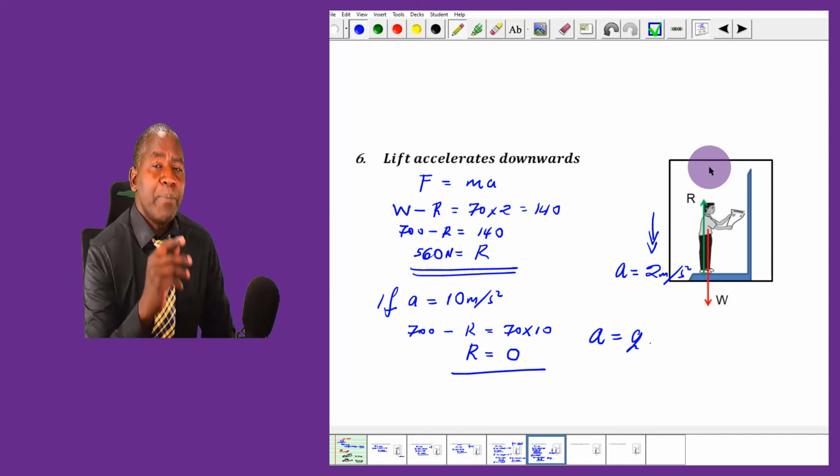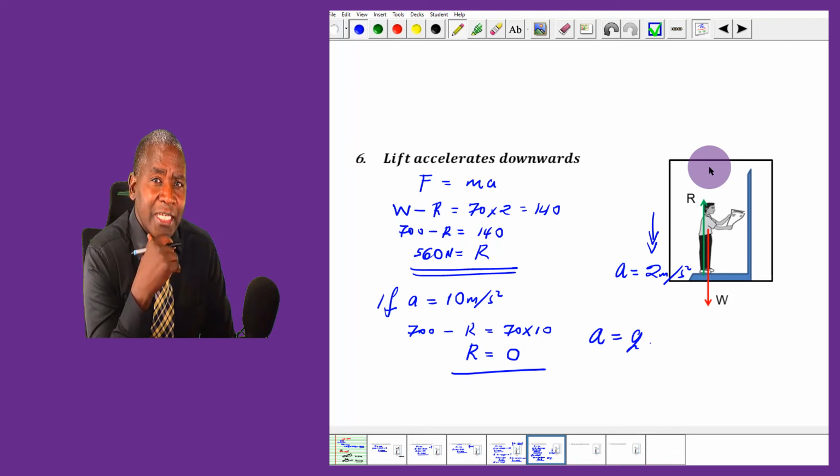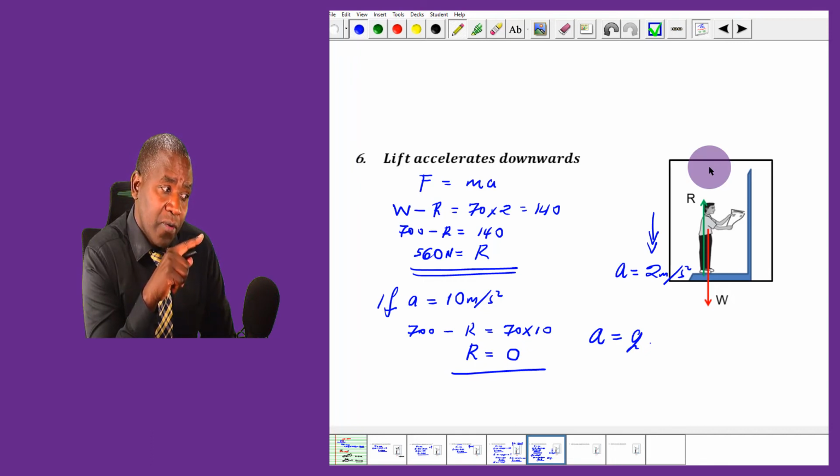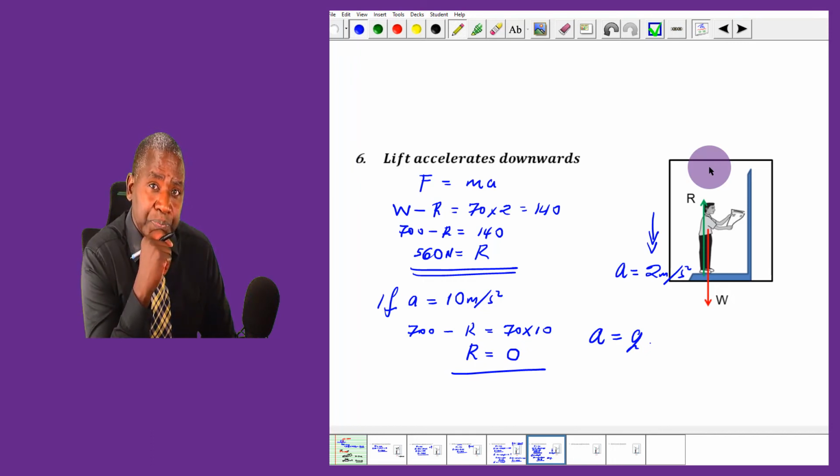But it's good to imagine these situations, especially when we are looking at objects which have got engines and the accelerations which these objects have may be higher than the value of the acceleration due to gravity. So you may find it uncomfortable with your head being in contact with the ceiling.